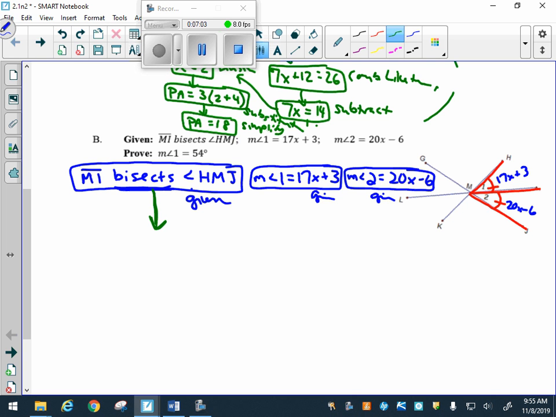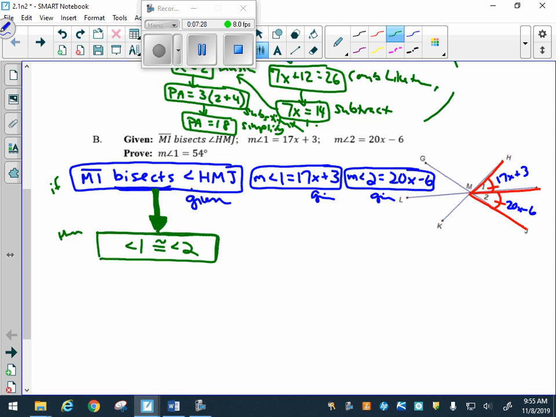Here, our general relationship, the clue that we have as to how angle 1 and 2 are related, comes directly from this given. So we need to arrow it down under this given. If MI bisects angle HMJ, then we're going to make a conclusion. And the conclusion we can make is that angle 1 is congruent to angle 2.